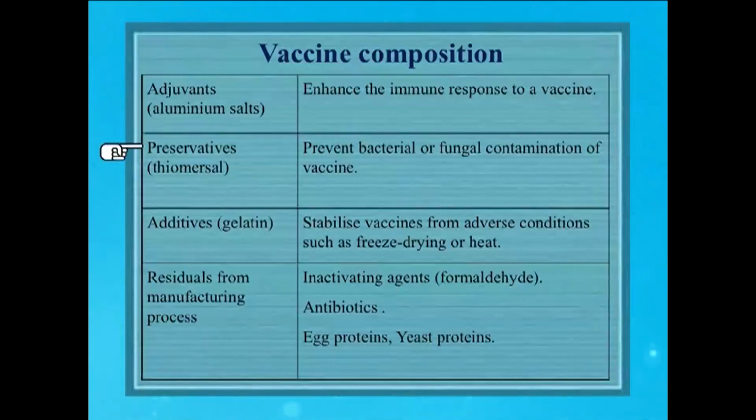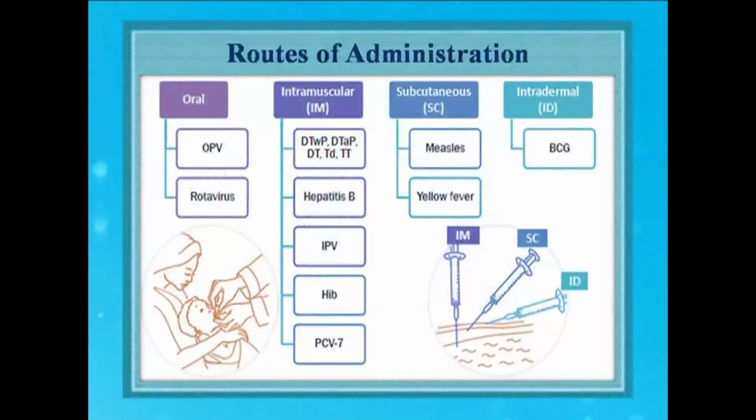Preservatives are given to prevent fungal or bacterial contamination. Sometimes additive like gelatin is added, which stabilizes the vaccine from adverse conditions like freeze drying or heat. Or sometimes some inactivating agents like formaldehyde or yeast protein or egg proteins are found in the vaccine, which comes from the manufacturing process.